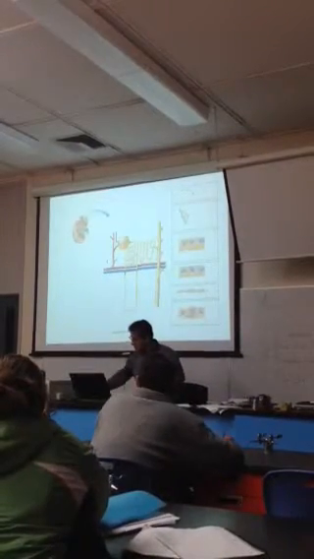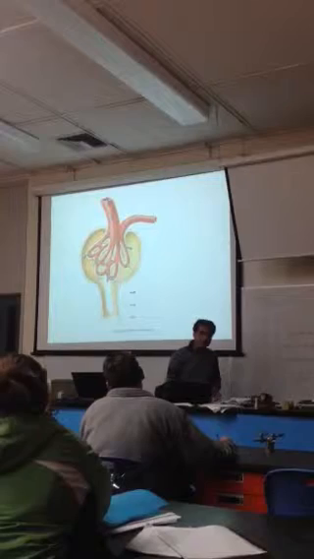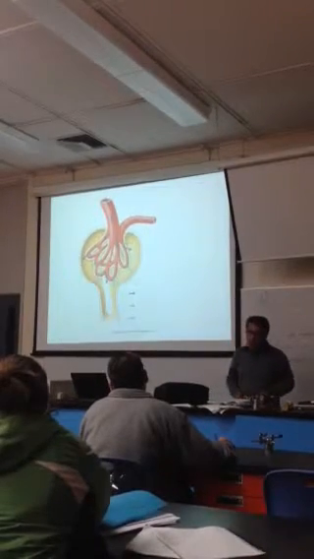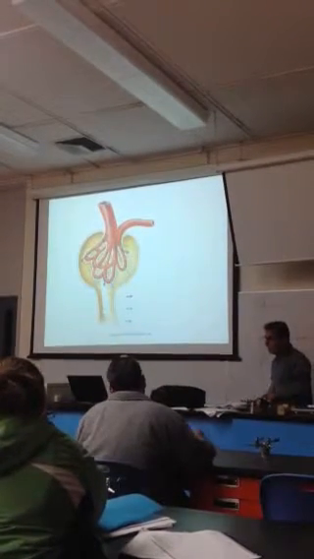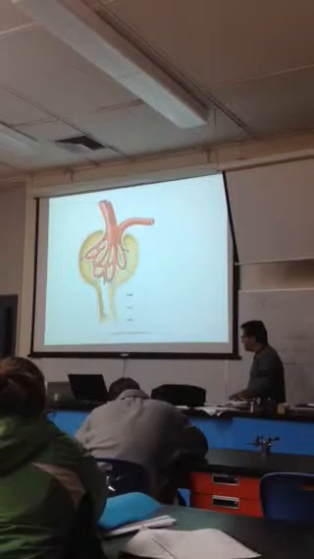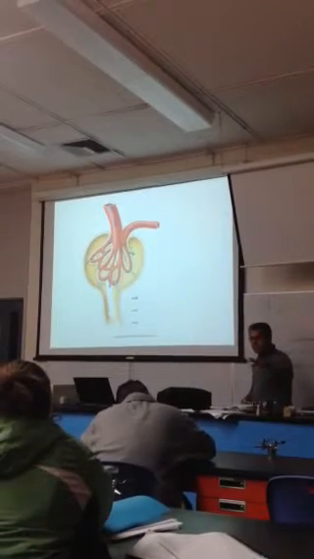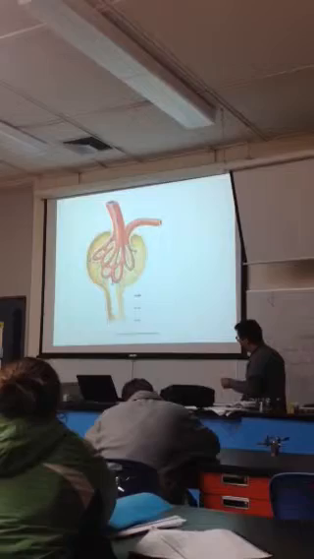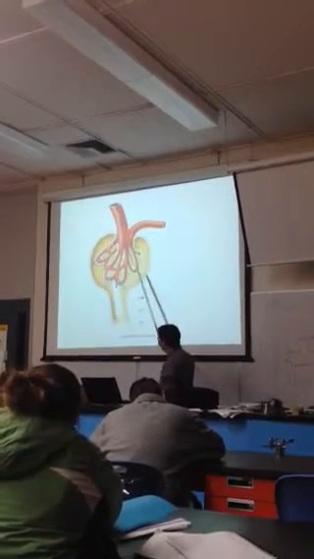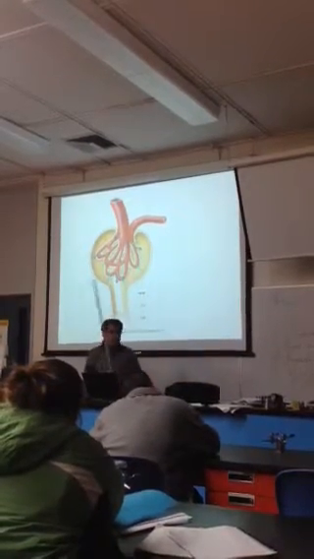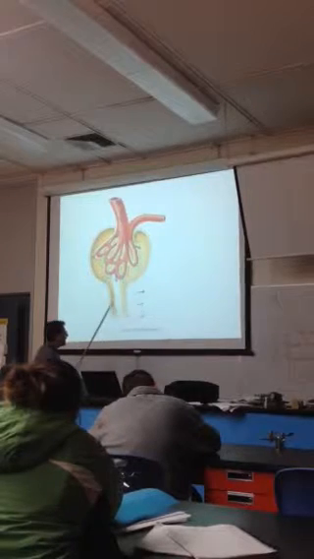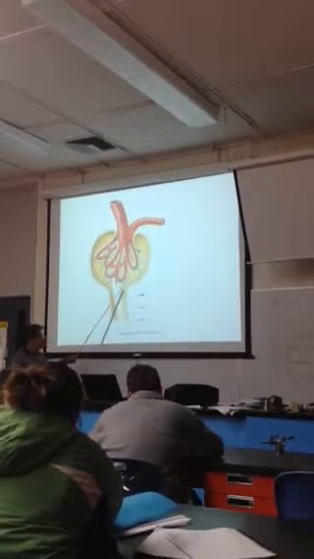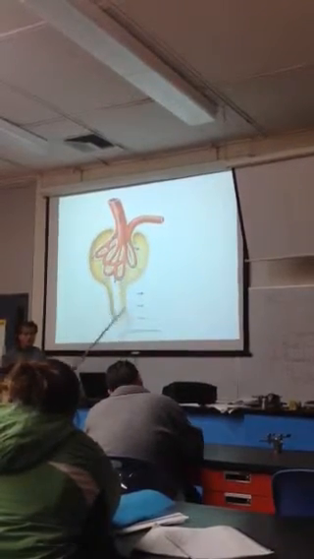And what is this? This is your renal corpuscle. Renal corpuscle, which what happens over here? Filtration happens. These arrows indicate hydrostatic pressure and the colloid osmotic pressure, and also capsular hydrostatic pressure.